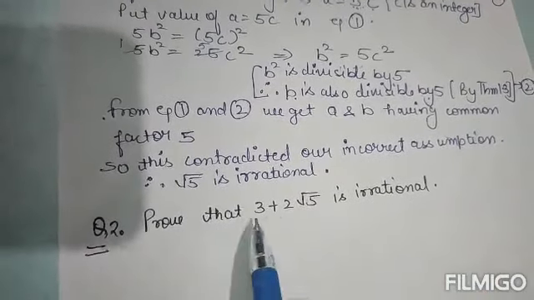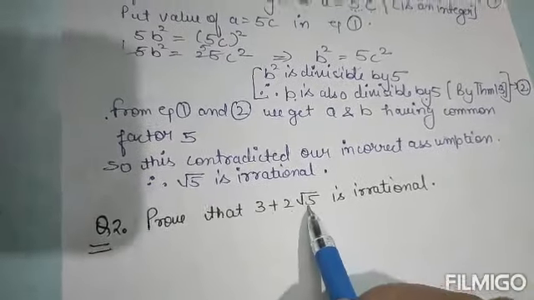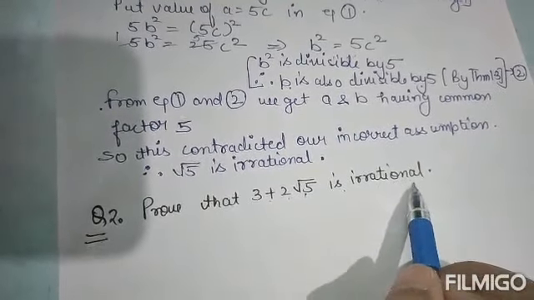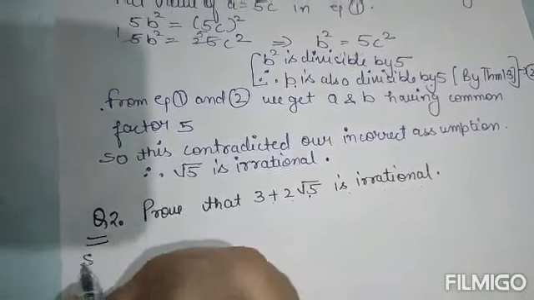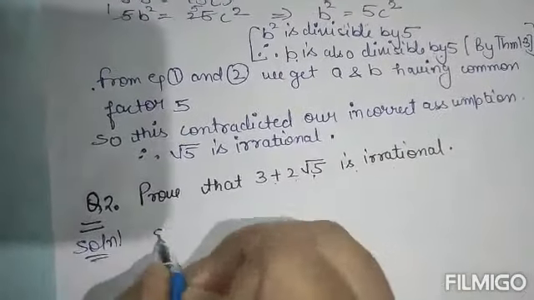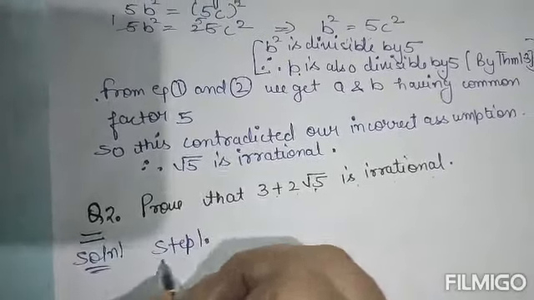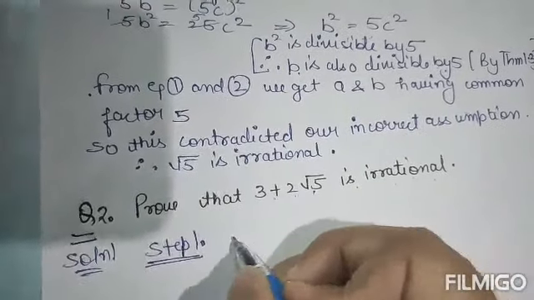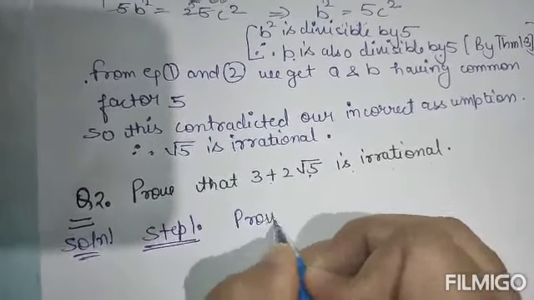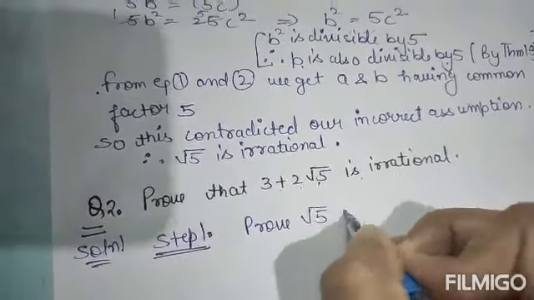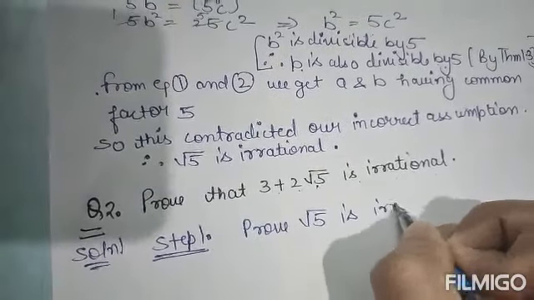Next one is prove that 3 plus 2 square root 5 is irrational. For proving it, our first step will be, जो आपने सबसे पहले प्रूफ करना है कि in your first step you have to prove root 5 is irrational.